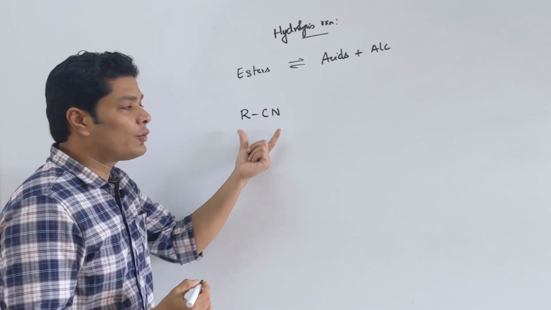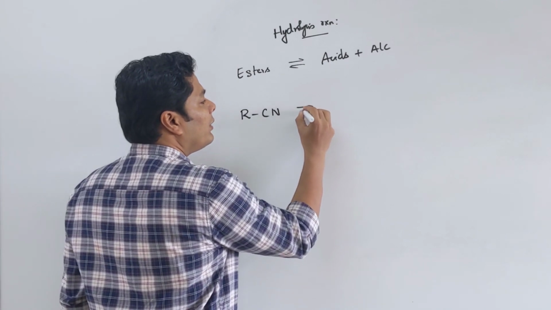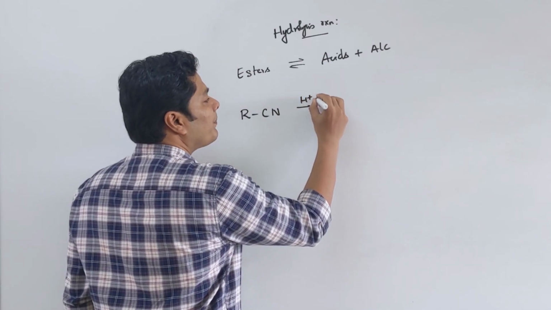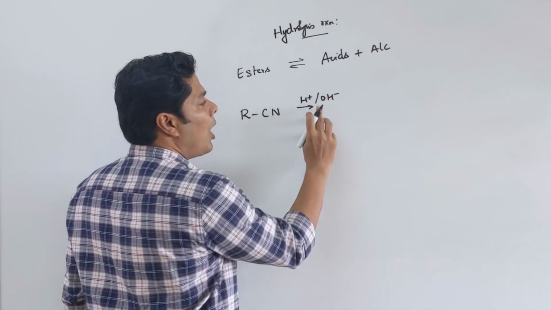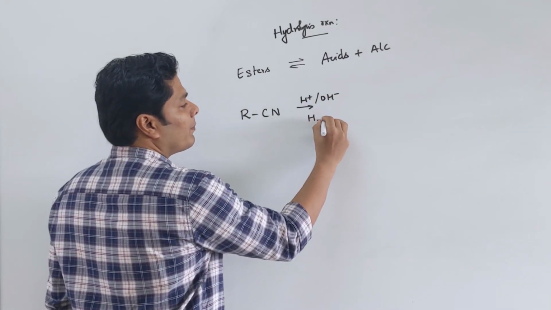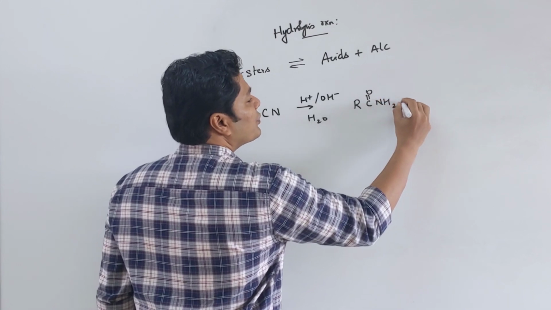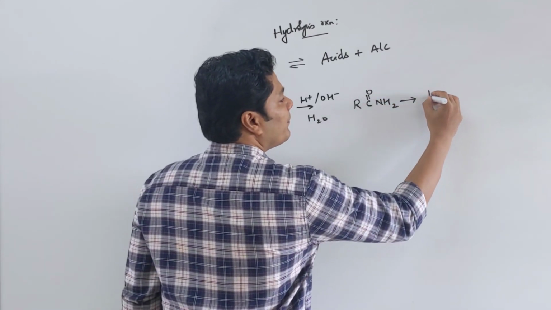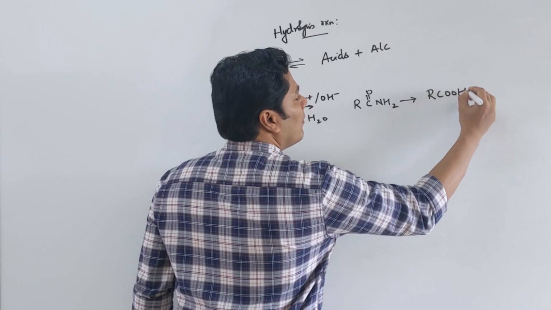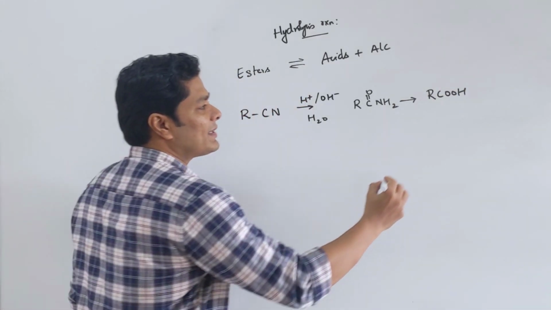the nitrile group. The nitrile group can be converted using H plus or OH minus to give RC double bond O NH2, which further hydrolyzes to give you RCOOH plus NH3.